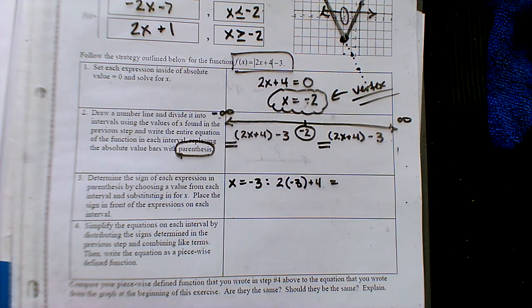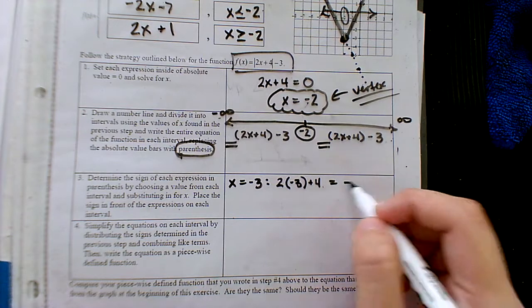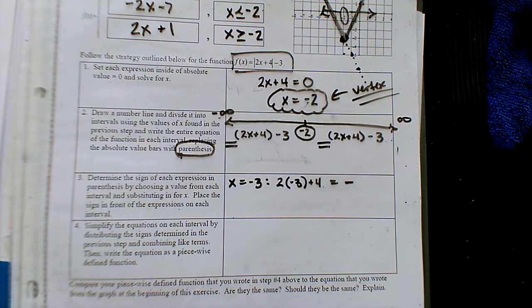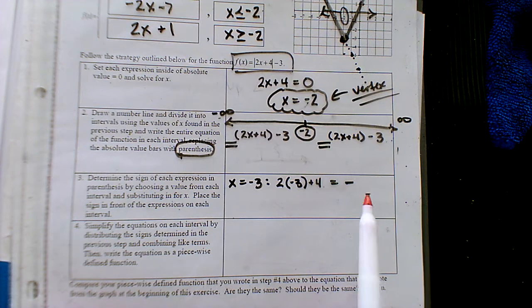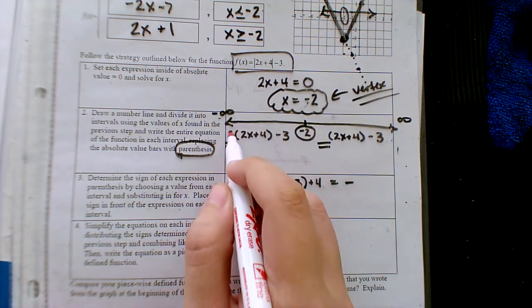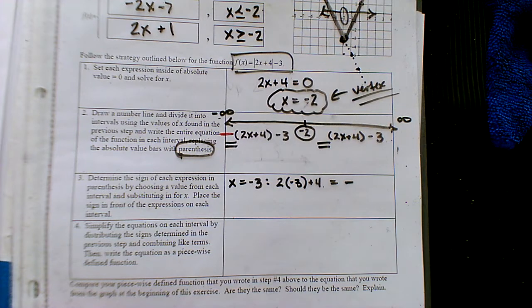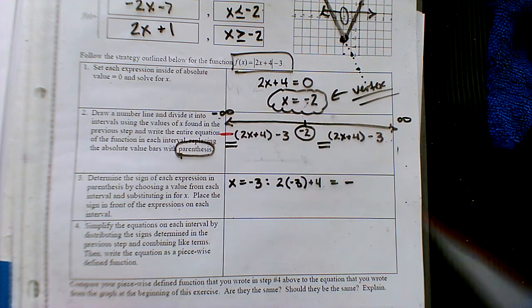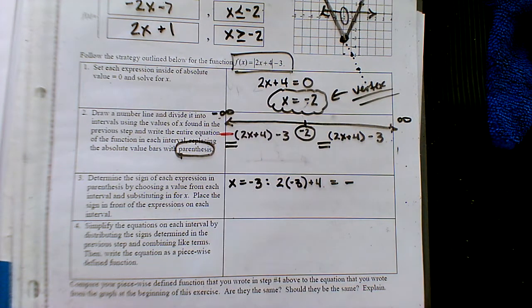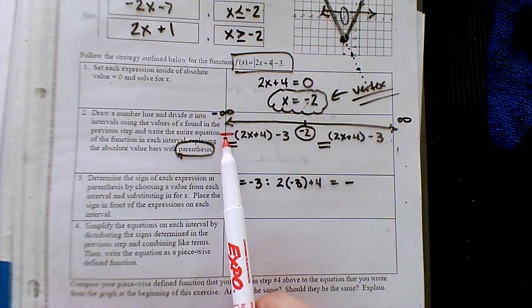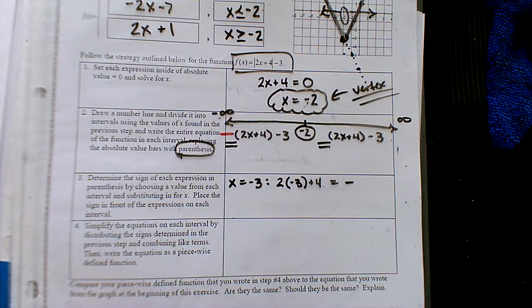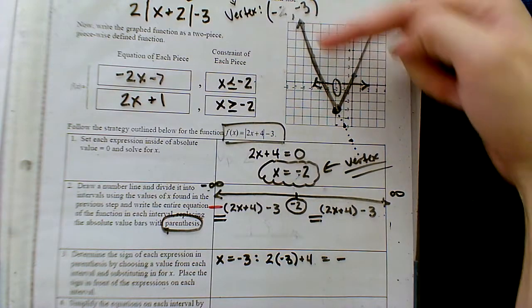I don't care what the number is. I care if it's positive or negative. Negative. We got negative 6 plus 4. So we're going to take that result, that negative sign, and put it in front of that parenthesis. So it looks like on this interval our graph is going down, because notice how we had that negative answer. Makes sense, right? Isn't the line going down on the left side?